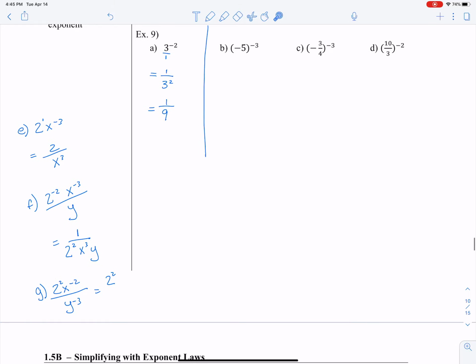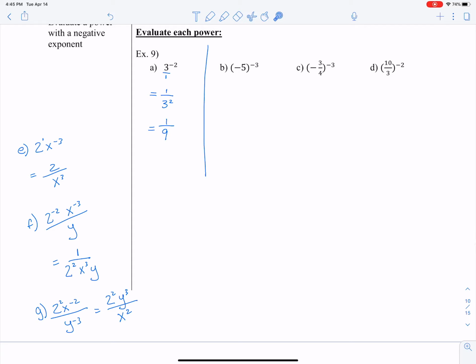So 2 squared. So now this one needs to move down, and this one needs to come up. So here, we're going to end up with y to the 3 over x to the 2, like this. Each base, so this base flipped and this base flipped. Okay, so you don't flip the whole fraction, you move each base individually, and only if it has a negative exponent.